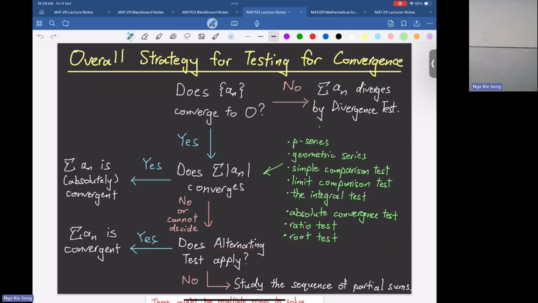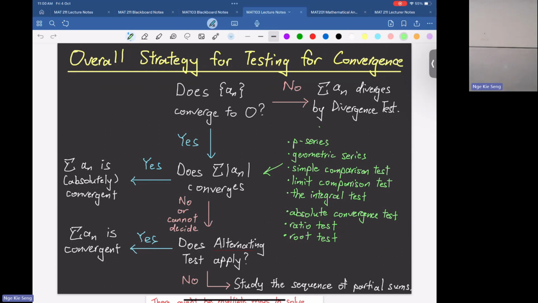If it's absolutely convergent, then it also converges. So you consider the sum of the absolute value of a_n first. You can use all the tests to check whether this converges or not. If it converges, that means it's absolutely convergent. That's good. If not, you still cannot decide.